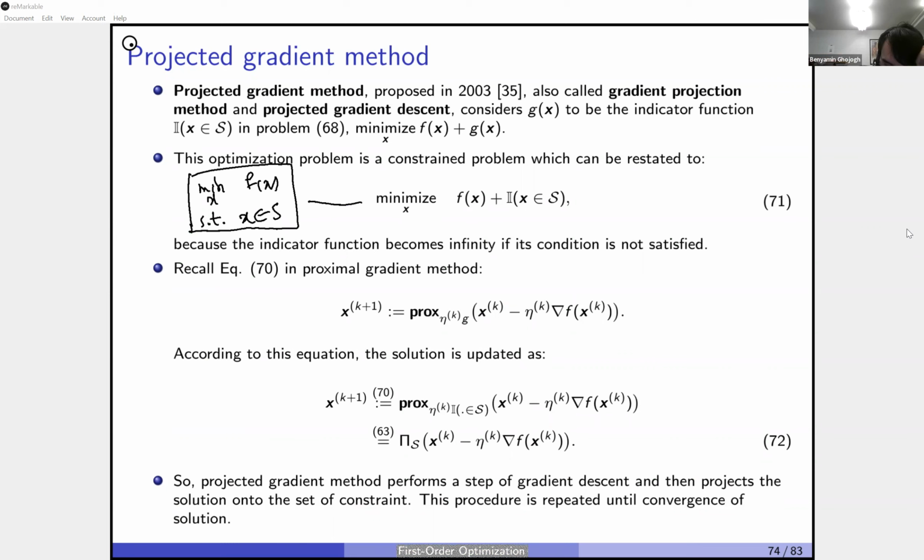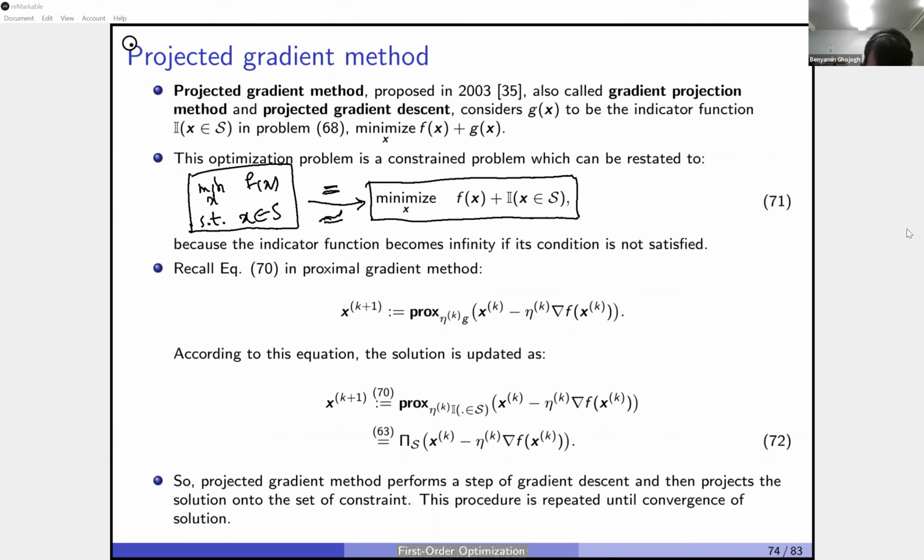Then you can convert it to this. We talked about it. You will have a penalty term, but as it is an indicator function, it's a hard penalty term. Therefore, they are exactly equivalent. If you use an actual indicator function, they are equivalent; if you approximate the indicator function, then this becomes approximate.